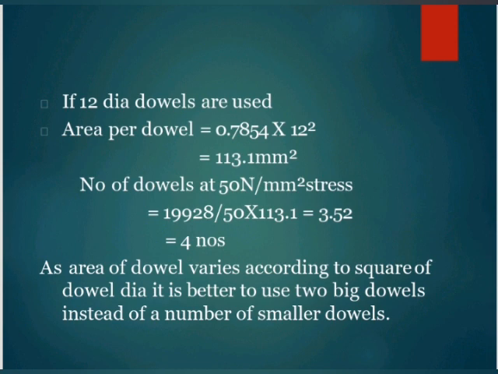It comes 3.52. So we can take 4 dowels. As area of dowel varies according to the square of the dowel dia, it is better to use 2 big dowels instead of a number of smaller dowels. I think you all have understood the topic. Thank you and take care.